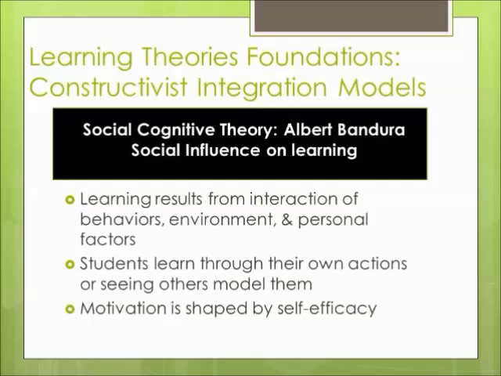Social cognitive theory. Albert Bandura is the name that comes to mind, and if you ever took a psychology class, maybe you've studied the Bobo doll experiments and observational learning. But in the context of what we need to look at, Bandura basically says that learning results from the interaction of behaviors that the child knows, through the results of interaction, through what they see in the environment, through what they see other children do, the modeling, through what the adults may do.